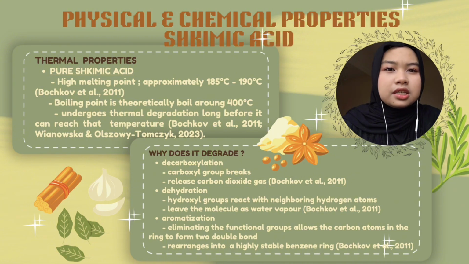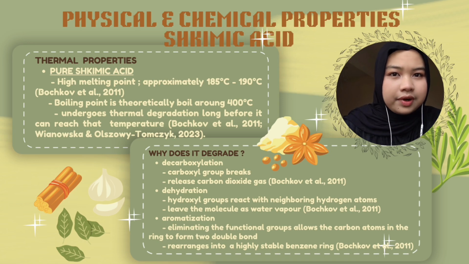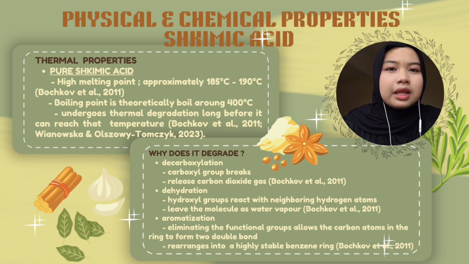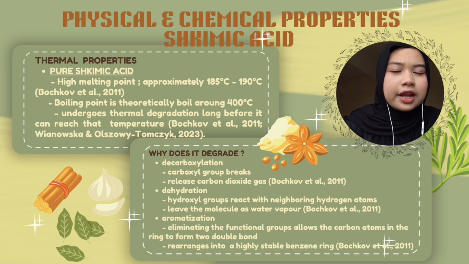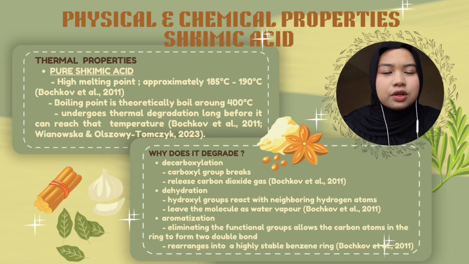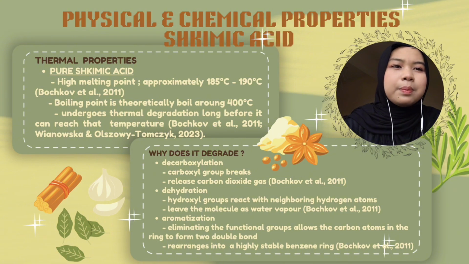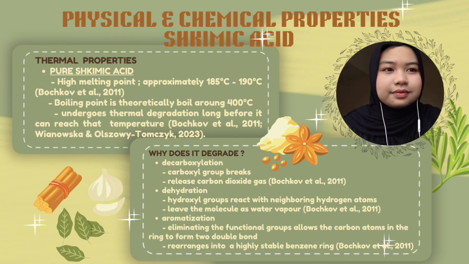And aromatization: as it loses these groups, the flexible ring permanently rearranges into a highly stable benzene-like aromatic ring. Essentially, the heat forces the molecule to chemically destroy itself and transform into a completely different compound before it ever gets the chance to boil.